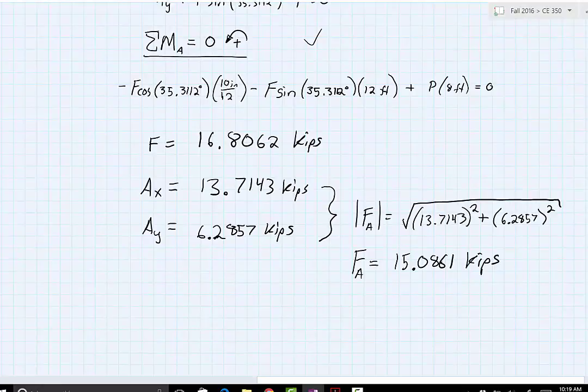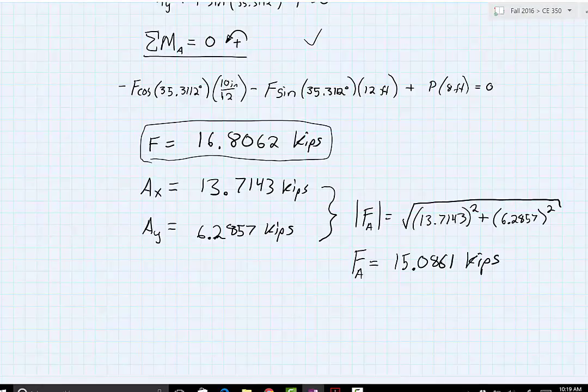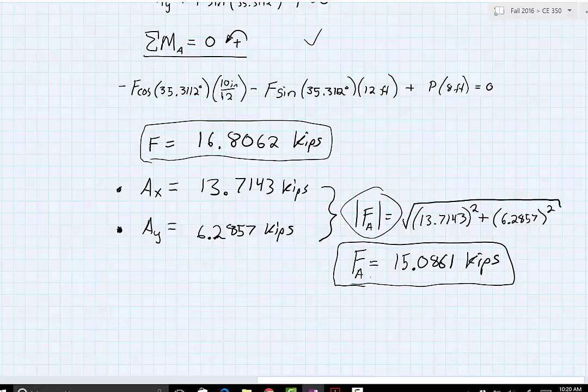And once I did that and substituted in, I got a force F is 16.8 kips. And then I got the components of A and Y. But we're not looking for just the components. We need the magnitude of the force acting at A. And so for the magnitude of the force, I did the square root of the sum of the squares, and I got the force at A equaling 15.086 kips.